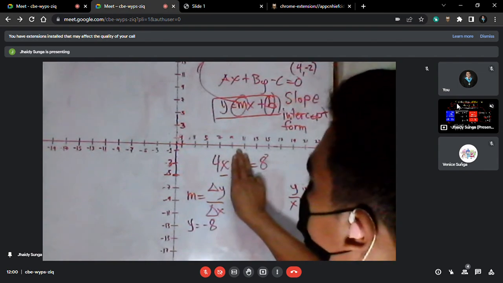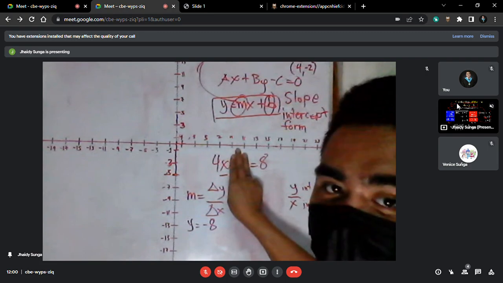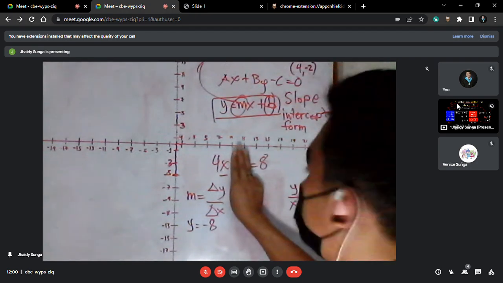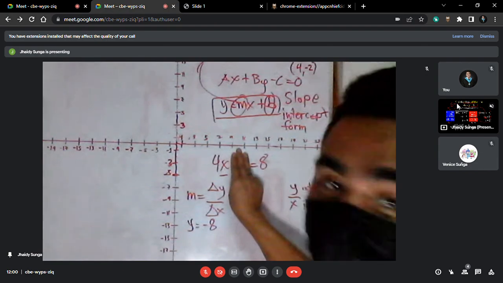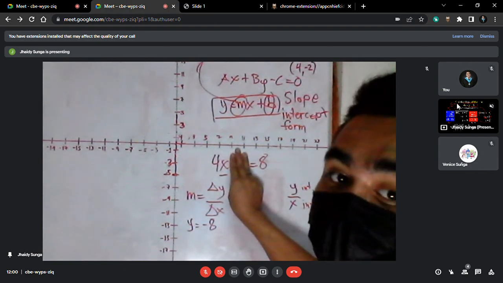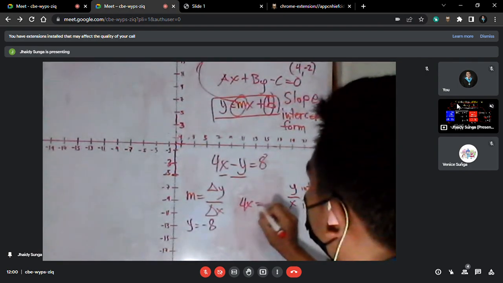So if I cover this one, we could see that 4x is equal to 8 is the remaining in the equation. So let us write 4x is equal to 8.